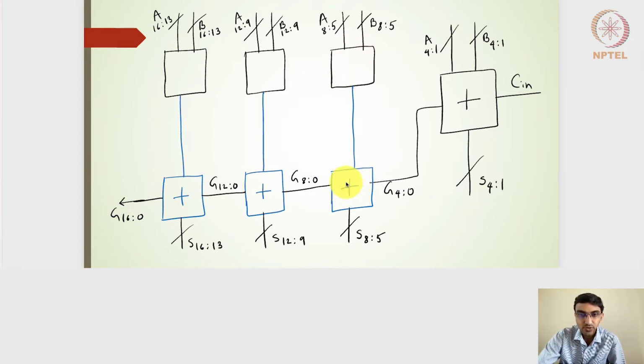Then it will wait for G4:0. The moment G4:0 is available, this will generate G8:0 here, and G7:0, G6:0, G5:0 at the same time, so that we will be able to extract the sum bits. Similarly for the 12:9 and 16:13 groups also.